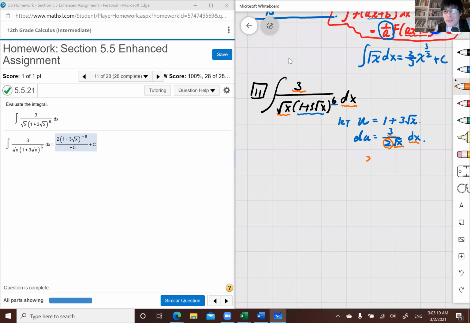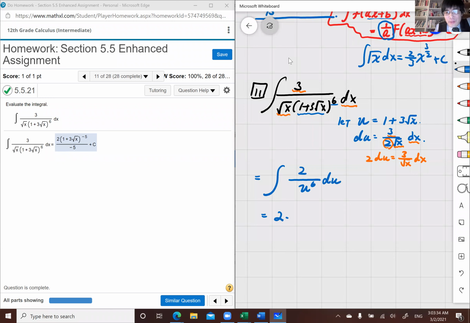That means 2 times du is 3 over square root of x dx. That's perfect. So let's rewrite this in terms of u. It's going to be u to the power of -6, and this part becomes 2 du.